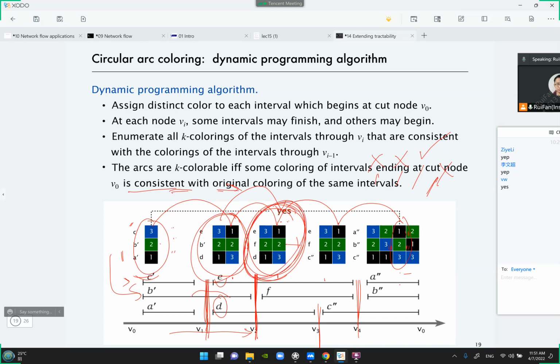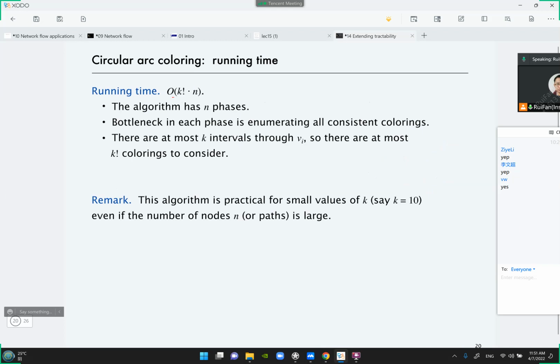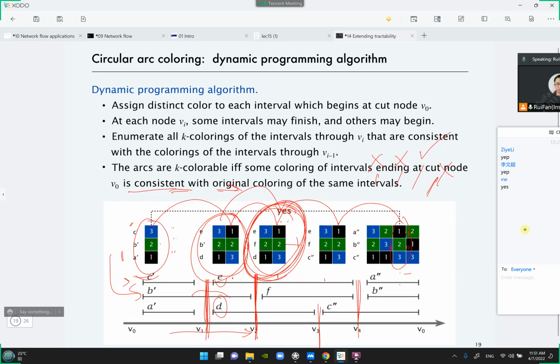Now, if we only allow ourselves to use k colors, then at each location there are k factorial possible colorings, because we have k of these intervals, and the first one can have k colors, the next one can have k minus 1 colors, and so on.